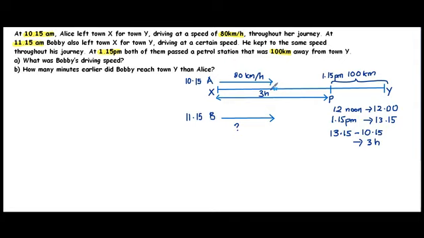That means the distance between X and P would be 80 times 3, and this would give us 240 kilometers. In our model, this is 240 kilometers.